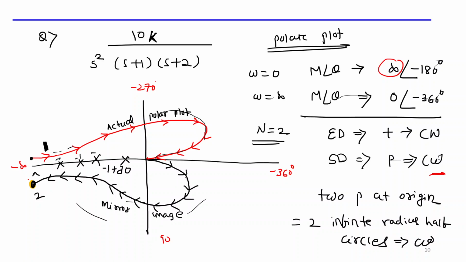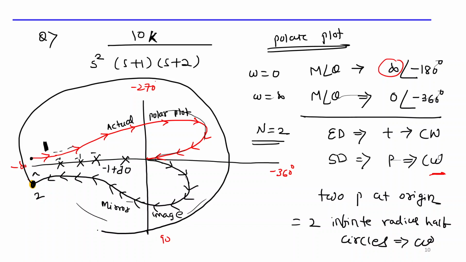From this point you have to make a clockwise encirclement. You cannot go anti-clockwise. You always have to make a clockwise encirclement. So make the clockwise encirclement 1 over, then 2, continue that and reach the original point where you started. That's it. Your infinite radius half circle is always clockwise.